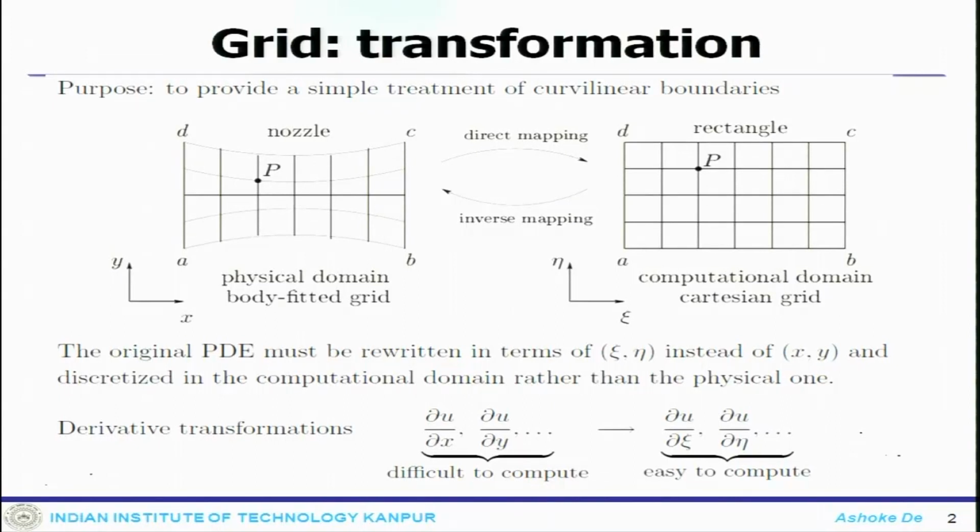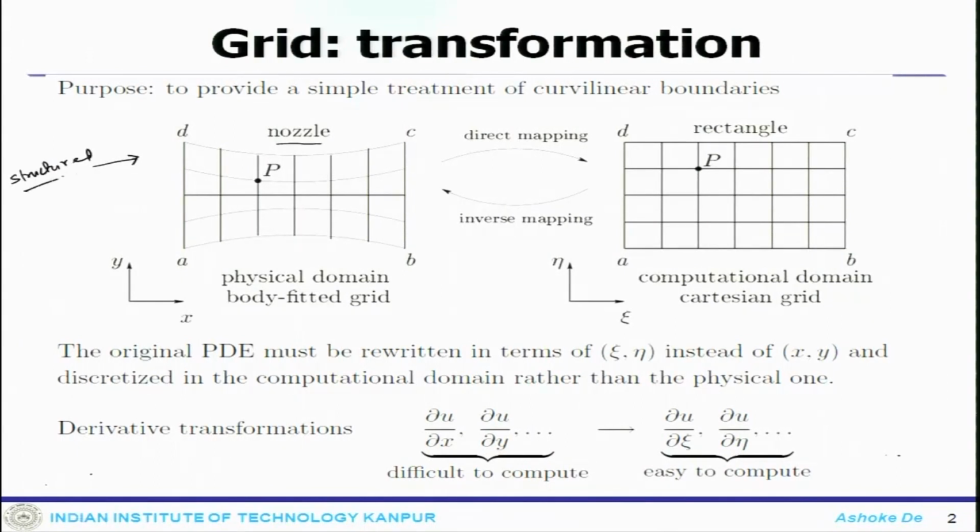The whole purpose is that if you look at this geometry, this is the geometry of a nozzle, the physical or realistic geometry. If you need to generate a grid around this nozzle, then you need this sort of body fitted structured grid.